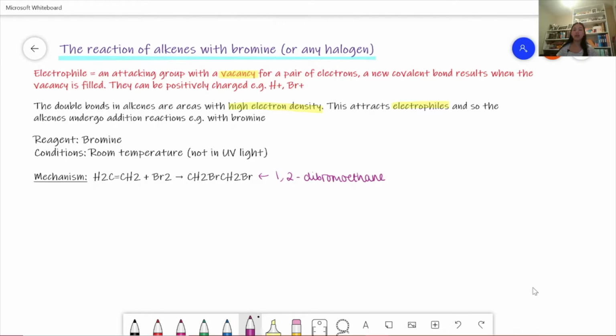So we start off by drawing the ethene molecule. So we have a carbon double bonded to another carbon, and then the hydrogens. Then now I'm going to draw in a bromine.